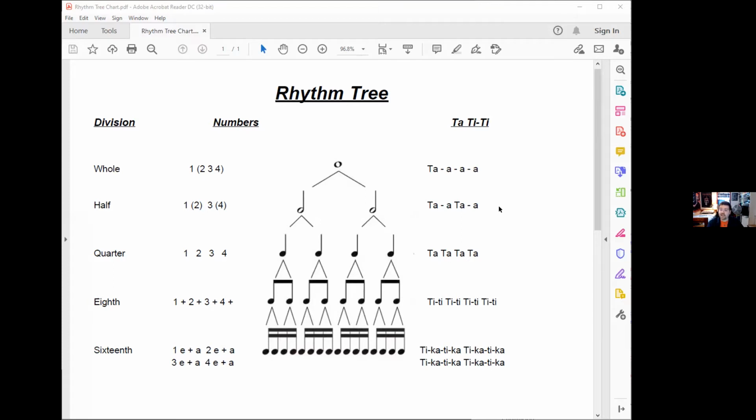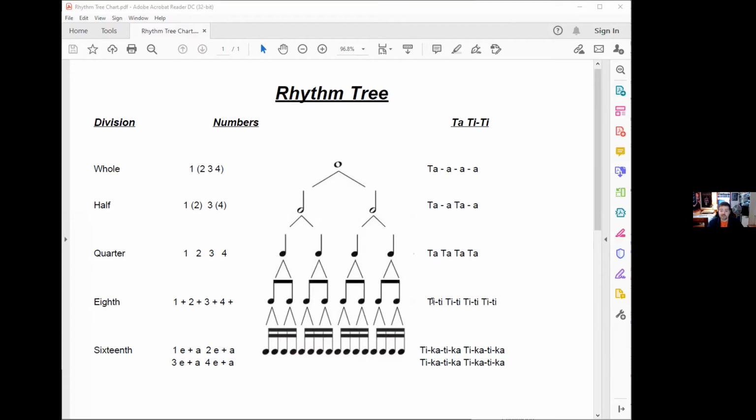And that, in my opinion, and what I've used for teaching in classrooms before, really works for a lot of students, because that way they can account for those extra beats without having to think through them abstractly in their head and realize that, oh, this lasts for this long rather than this just starts on this beat. And when we get down to the quarters, it's all tas. When we get down into the eighths, this is where it changes and it becomes TT.